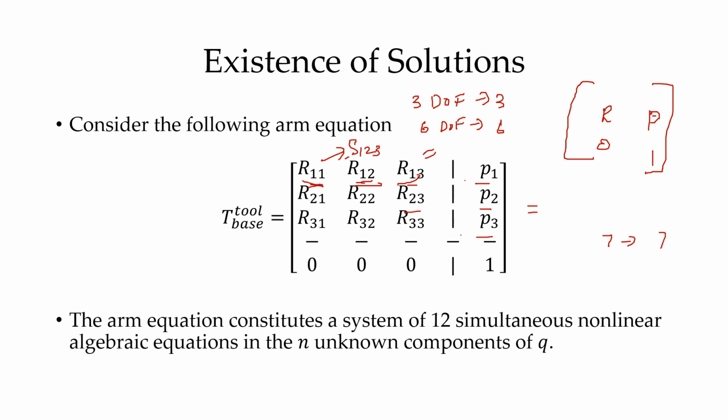The number of unknowns indicates the number of components of the q vector, which is the vector of joint variables q1, q2, q3, q4 up to qn. On one side we have 12 simultaneous equations and we have n unknowns. Let's see, by analyzing that, in what condition we will get the solution.